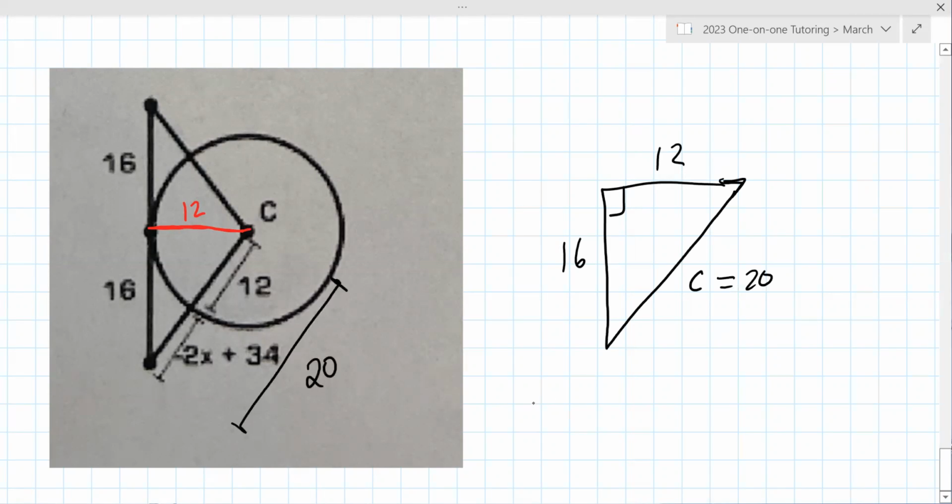Now, what that means is the whole length is 20. So the equation is much simpler: 12 plus minus 2x plus 34 equals 20.